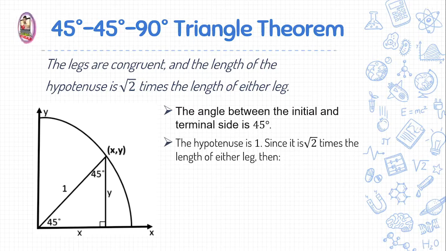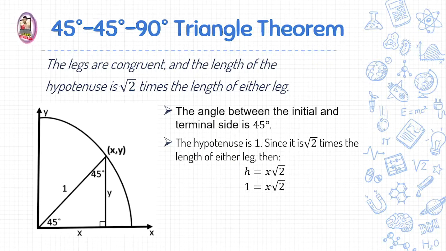The hypotenuse is 1. Since it is square root of 2 times the length of either leg, then h is equal to x times square root of 2. X represents the length of either leg. Since we are talking about an isosceles right triangle, the sides are equal.